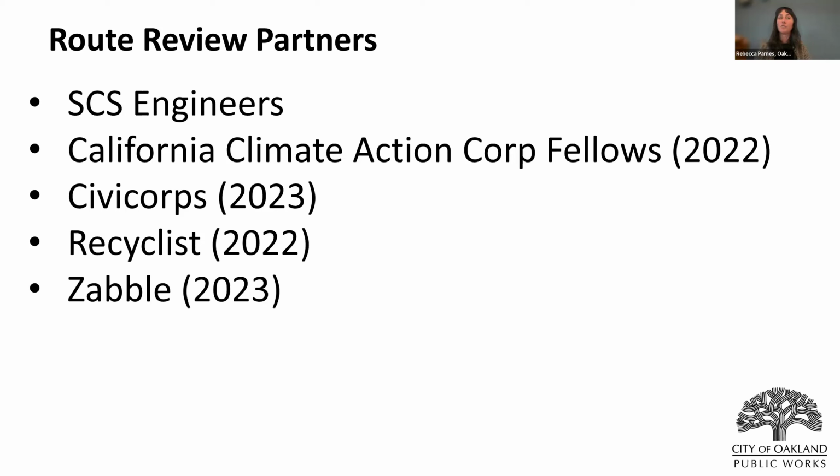And we used Zabel for the first time in 2023. Nick is going to talk a little bit more about how that platform works functionally and what you can see after the fact once you've completed your route review, and how the data that's tracked is, I think, fairly easily accessible.